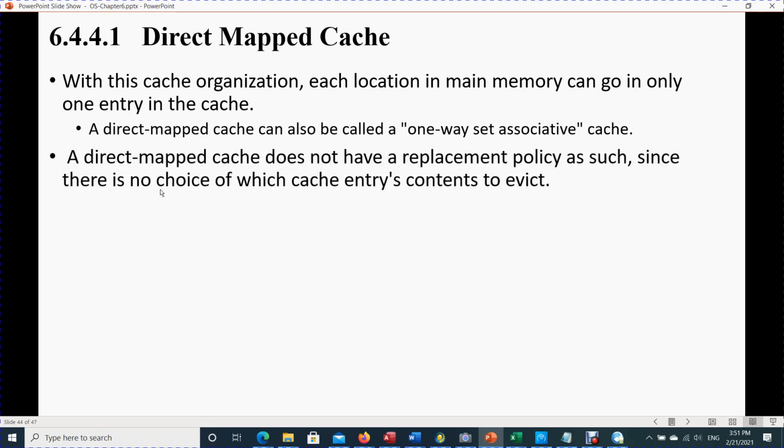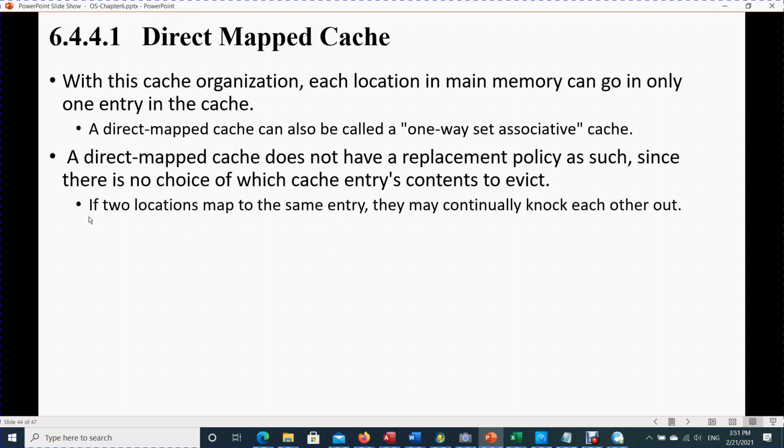A direct map cache doesn't really have a replacement policy as such, since there isn't any choice when a cache entry comes to swap in and out. There is no choice as to where the RAM location gets mapped.